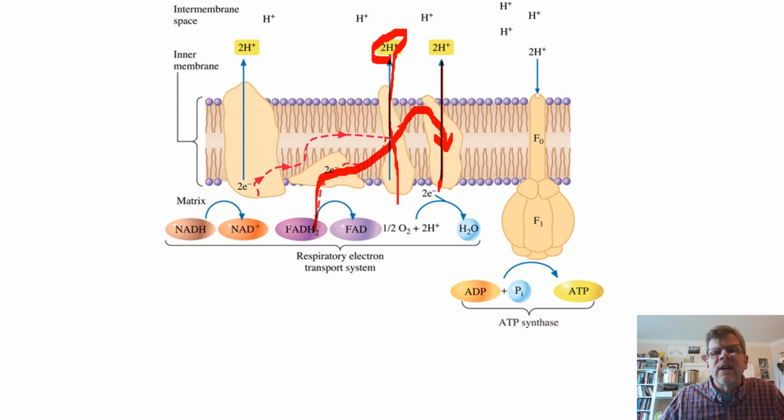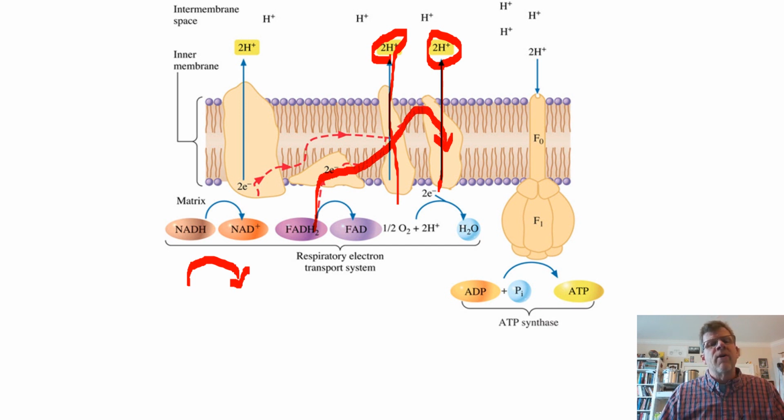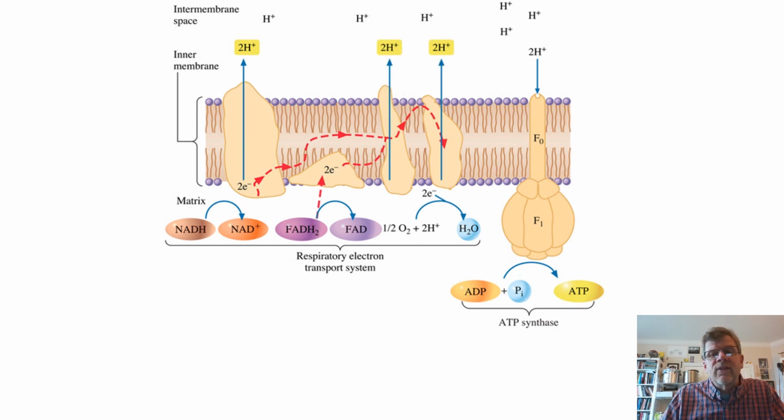And now we see why FADH2 produces only 2 ATP, whereas NADH produces 3 ATP. It's all about the number of hydrogen ions that can be pumped from the mitochondrial matrix into that intermembrane space. What we've done is we've created a pressure of sorts, a gradient.